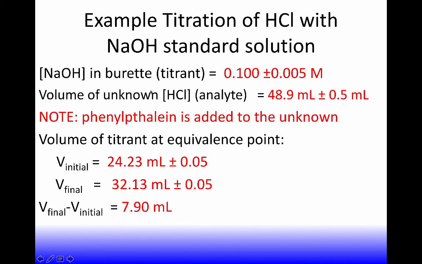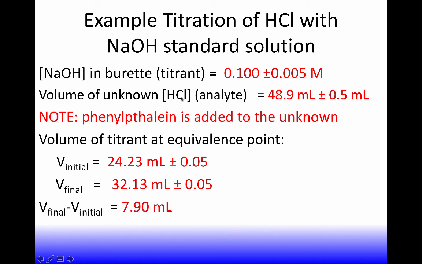Now look at our analyte. Our analyte is hydrochloric acid. There's one hydrogen for every chlorine. So at the point where everything is reacted exactly, where all the hydroxides that we added have reacted with the hydrogen ions to make water, the moles of OH minus must equal the moles of H plus. So this calculation down here, when we use the volume of the titrant and the concentration of the titrant, which tells us the moles of hydroxide, also tells us the moles of hydrogen ions.